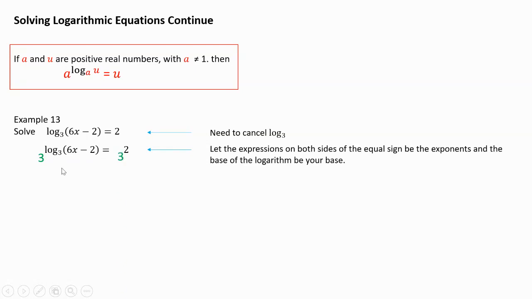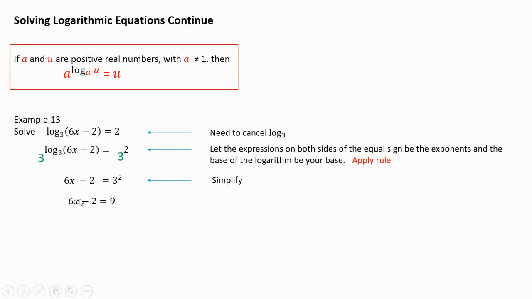These are my bases. Now we apply the rule. This rule is going to be applied on the left side only. When you have base 3 to the power of log base 3 of 6x minus 2, the 6x minus 2 will just come down. So 6x minus 2 equals 3 squared. So we're going to get 6x minus 2 equals 9.